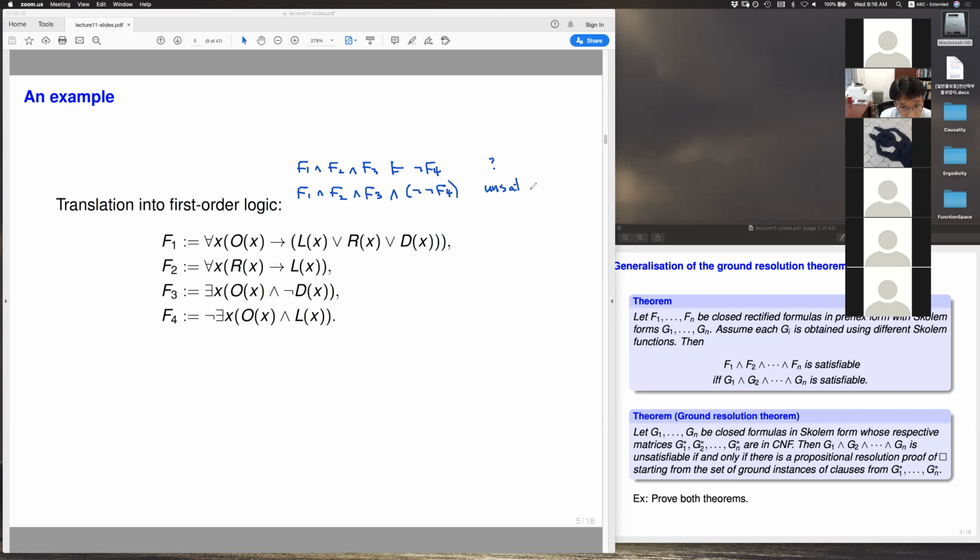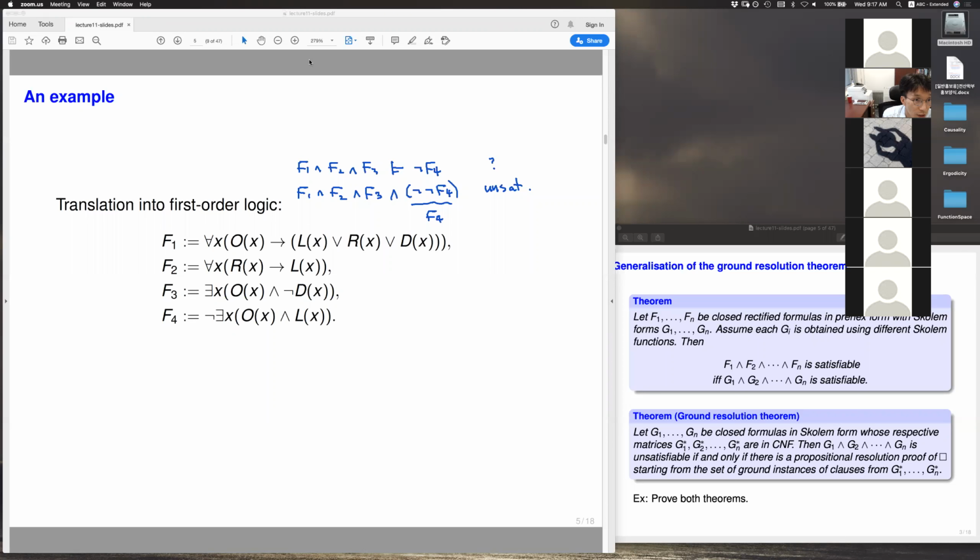So it's a proof by contradiction. Okay, so that's what we want to do. And then putting the two negations, this is the same as F4. So what we are interested in is to check whether the conjunction of F1, F2, F3 and F4 is unsatisfiable or not. Or actually we want to prove it's unsatisfiable.